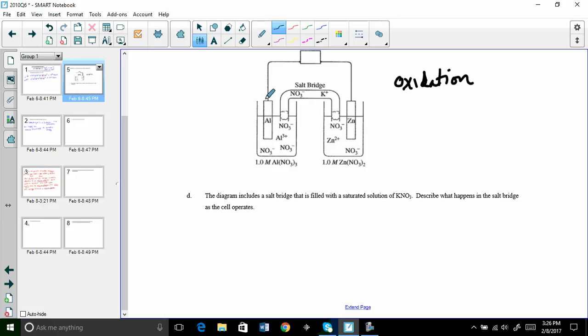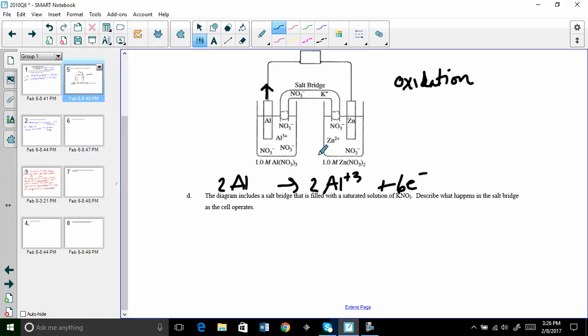So the electrons leave the aluminum. If you look at the half cell, the aluminum atom turns into an aluminum ion. If you want to balance it, this side is 0, this side is +6, so this has to be -6. So 6 electrons per atom leave.